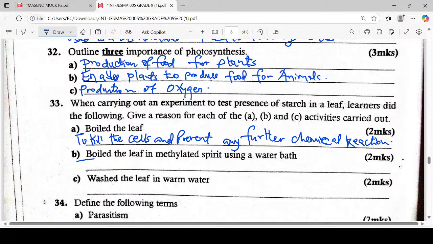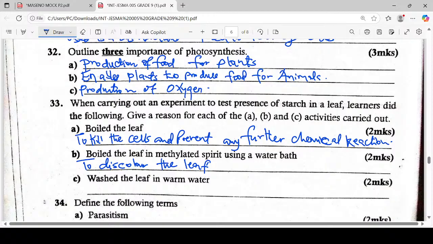To discolor the leaf. And also remember, dear learners, that the water bath was used because the methylated spirit is highly flammable.